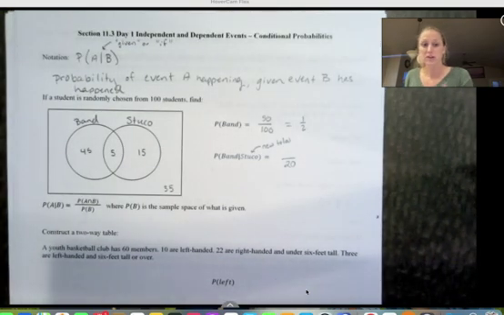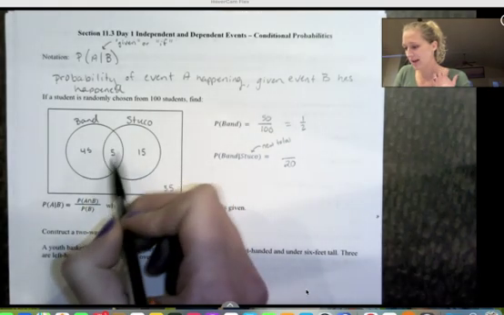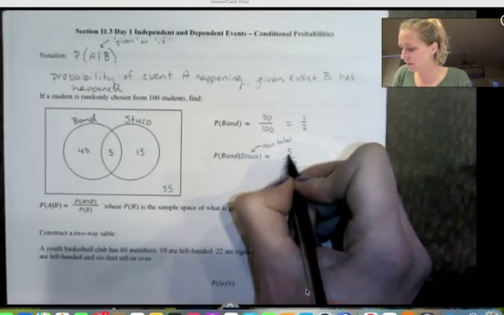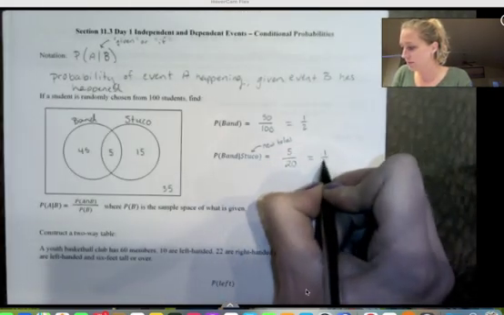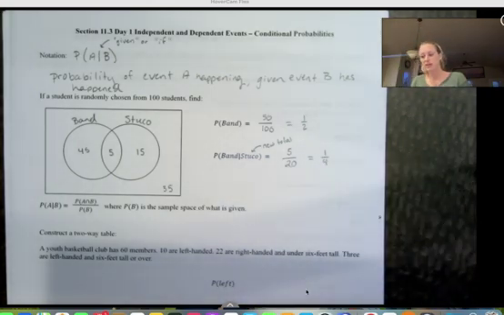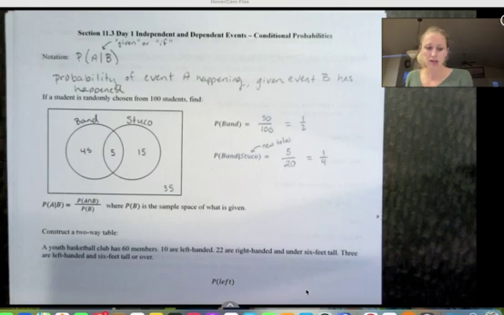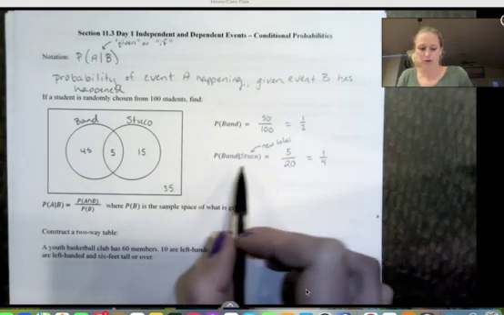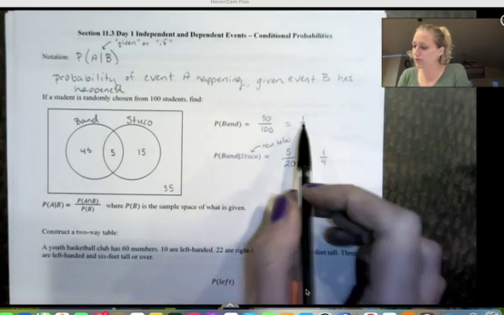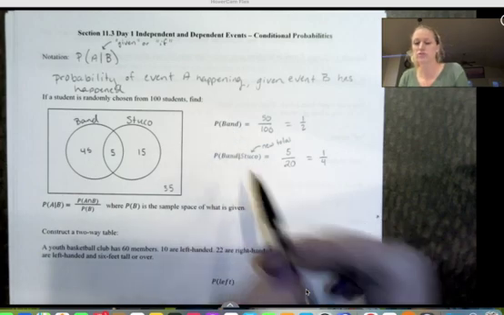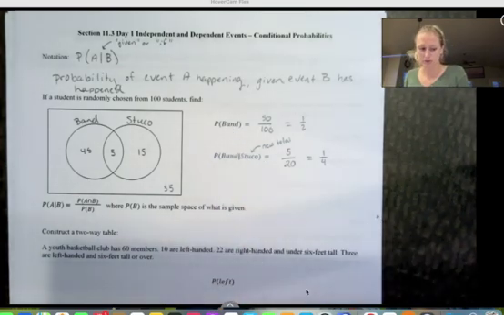What is the probability they're in band given they're in student council? There are only 5 of the student council kids that are in band. So that is my probability that given they're in student council, they're also in band. The sample space just narrows, right? It narrows from all 100 students to just the students in student council.